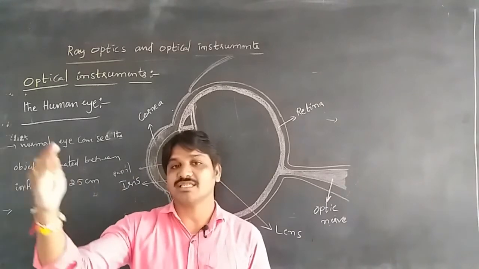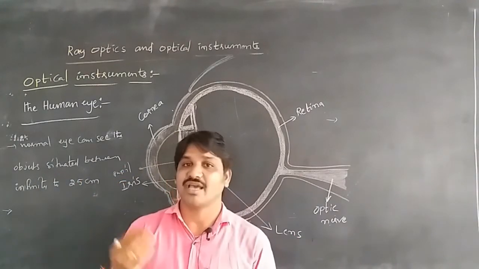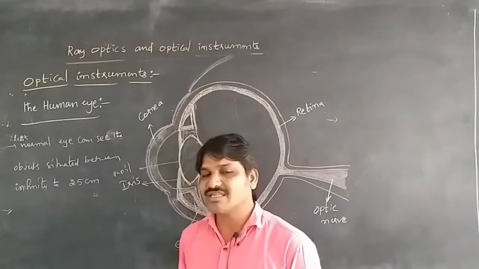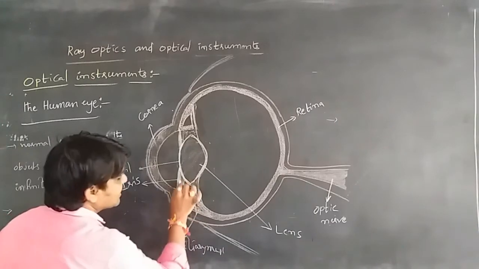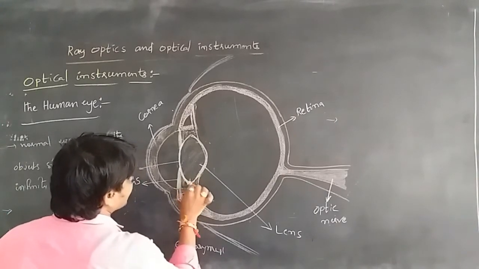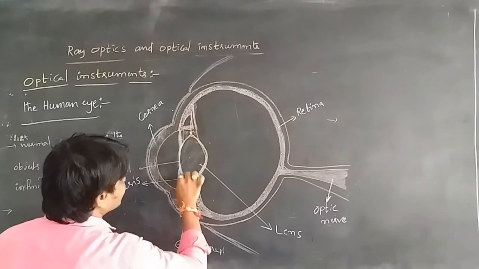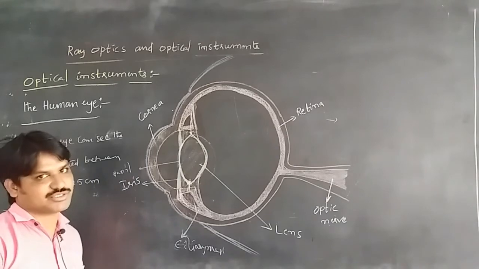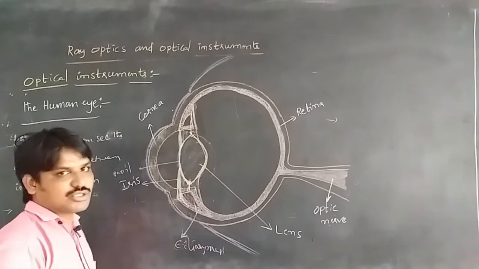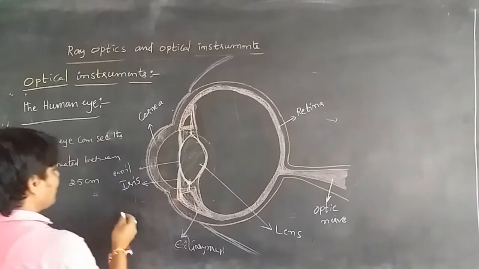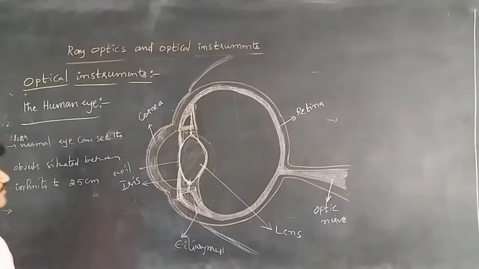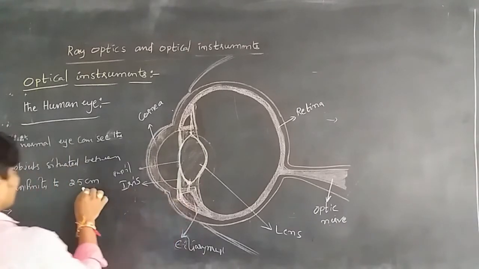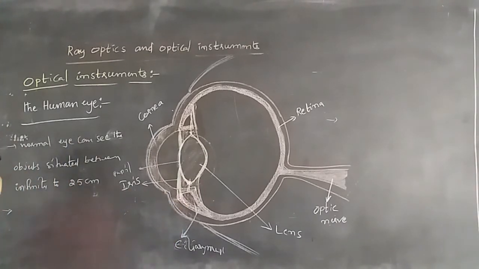But when the object is brought nearer to the eye than infinity, the ciliary muscles tense, the lens becomes almost spherical, and its focal length is reduced, so that the image can be formed on the retina. That's why, by changing the focal length of the lens, we can see between infinity and 25 centimeters.